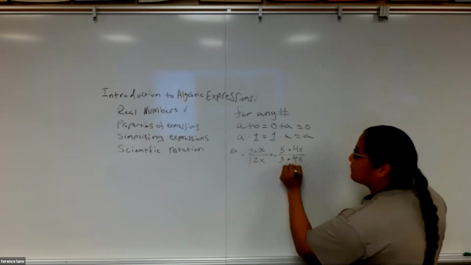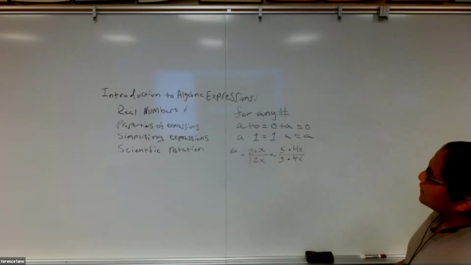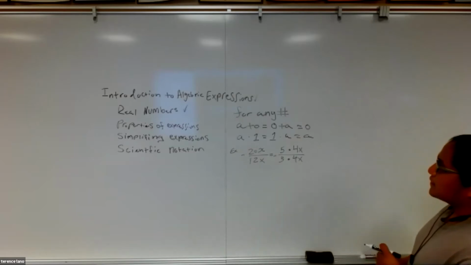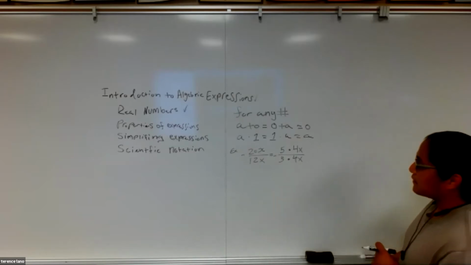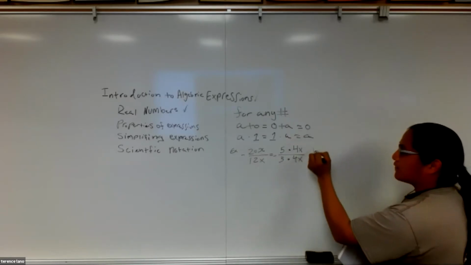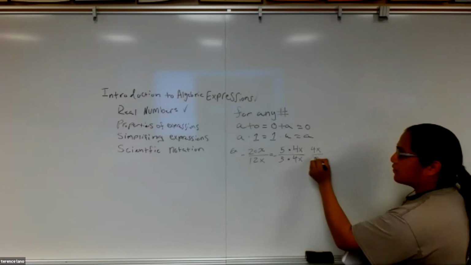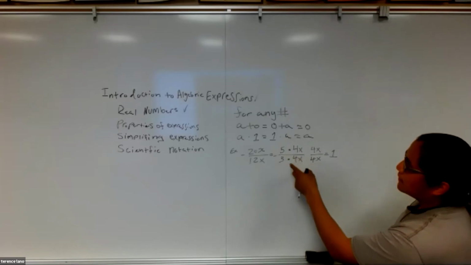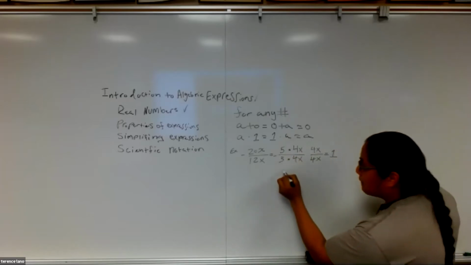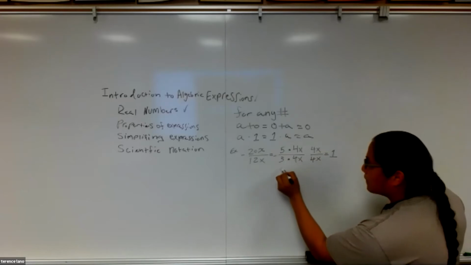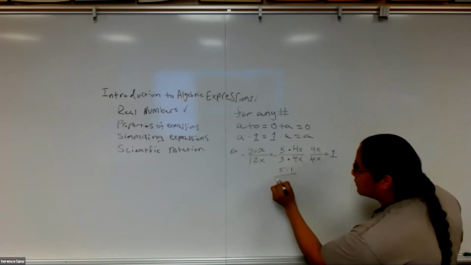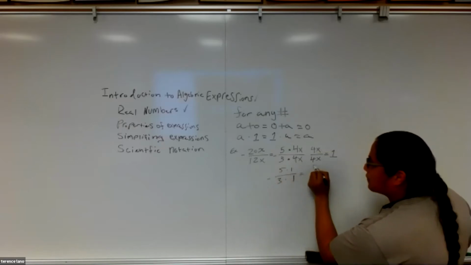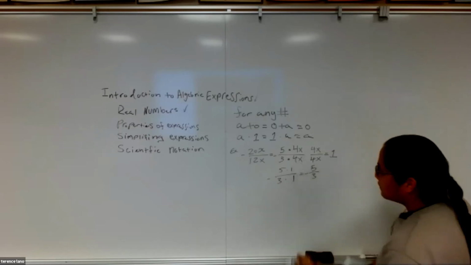When we break it up like this, there can be some cancellations, or numbers that divide each other out. We have 4x over 4x equals 1. So this will come out as 5 times 1 over 3 times 1, which is going to equal negative 5/3.